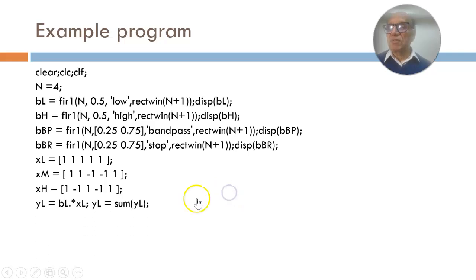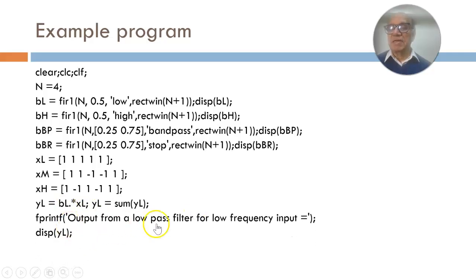So YL is the output for the low frequency using the low pass filter. BL dot star XL is pointwise multiplication, and then you sum all the terms. This gives the output for low frequency signals for a low pass filter, and you display that.